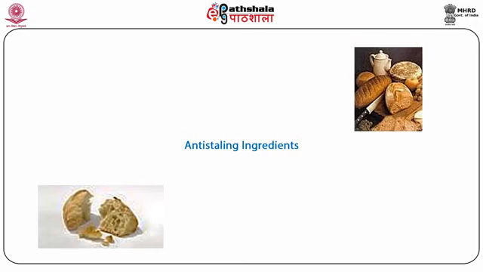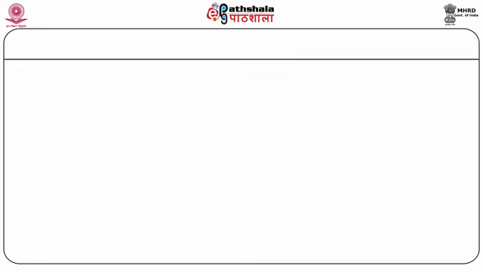The taste may be good, but if the body and texture of bread is not soft, you will not like it. So this is a process which is due to staling of these products, and we need anti-staling ingredients which can extend the shelf life of such kind of products.